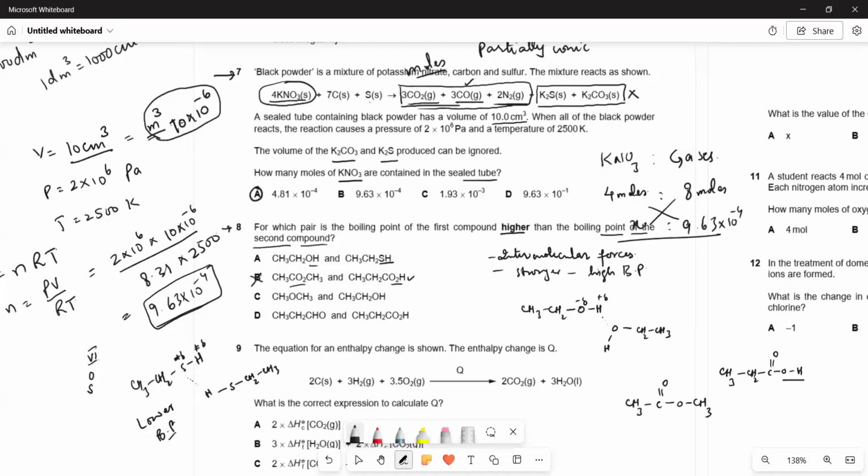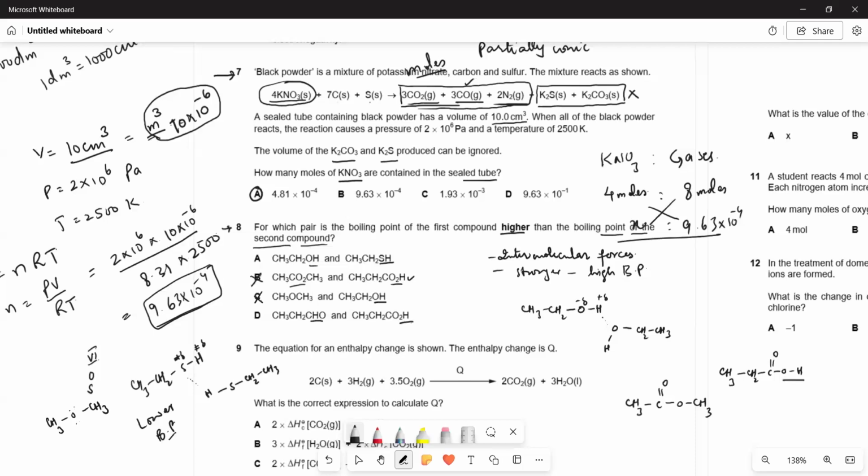Here it has an OH group with hydrogen bonding, and here it's an ether, CH3O and CH3. So no hydrogen bonding in this case as well, so lower boiling point than the second one. And what about this one? It's an aldehyde and it is an acid.